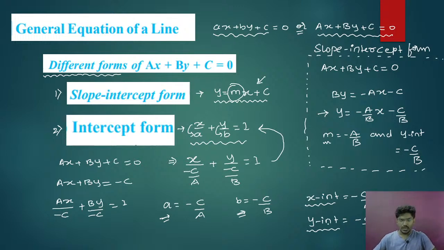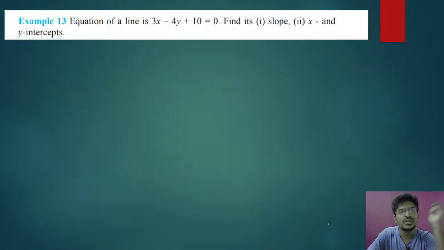Clear? Okay. So now I think you all have understood the particular concepts of slope-intercept form and intercept form of the line. With this we can go for one of the problems.